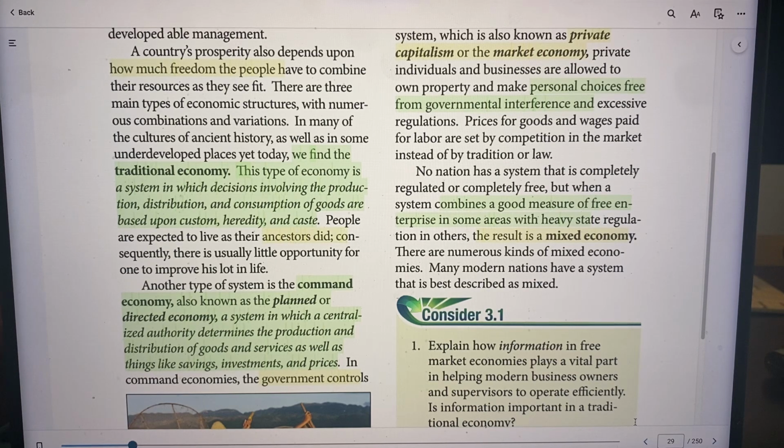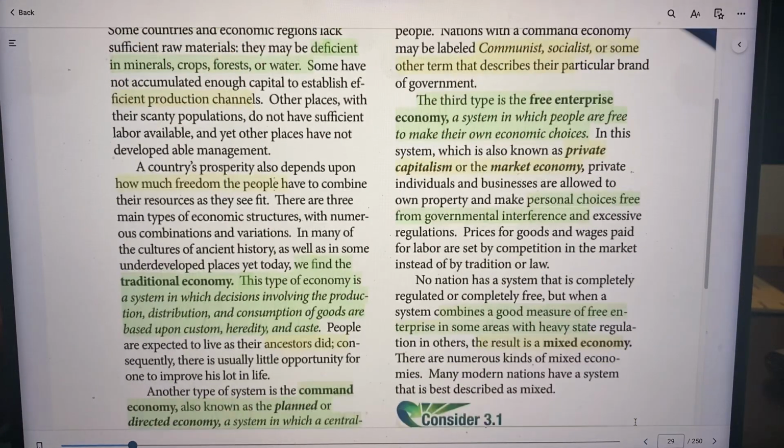They tell you what to do, what goods and services you'll have, and they control your savings, investment, all your prices and everything. And then the free enterprise, a system in which people are free to make their own economic choices. Those are the three. And then, of course, there's the mixed economy.